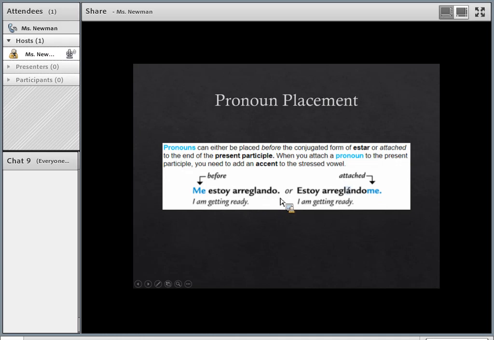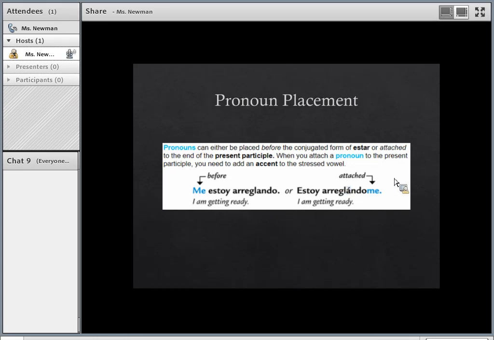Hopefully you can count your syllables out. That has 4 syllables. The last syllable would obviously be do. The second to last syllable would be glan. So that's normally where you get that emphasis or stress.